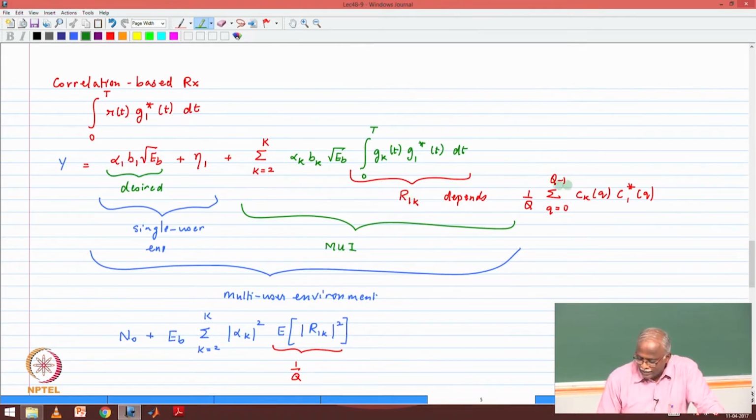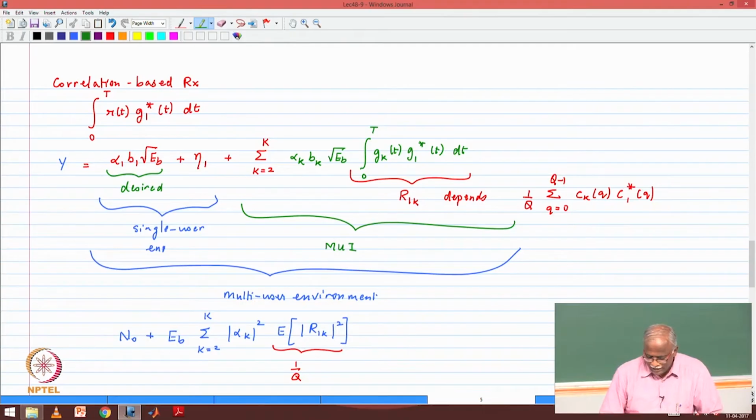So, R1k is the cross correlation between Gk and G1 star. Similarly you can get all the different terms. This is the multi-user interference part. So, your decision statistic contains the part that would have been there if a single user was present, plus some other impairment that is the multi-user interference.